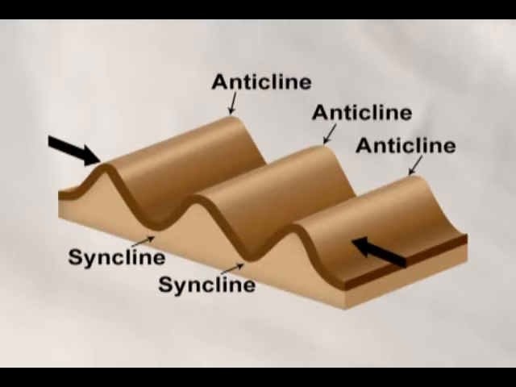Where does the anticline start and end? Well, I guess you could say the anticline starts at the bottom of the syncline to the bottom of the next syncline. Well, how about the syncline? Well, it starts at the top of the anticline to the top of the next anticline. But that's not how we do it. We simply say the anticline is the up warp in the Earth's crust, the syncline is the down warp in the Earth's crust. So anyway, those are the three basic kinds.